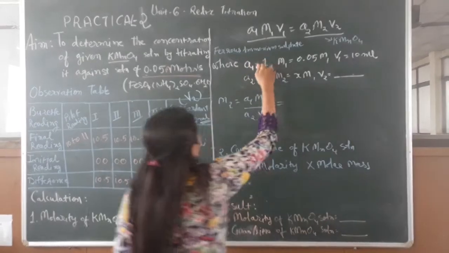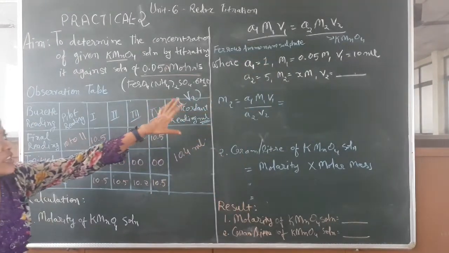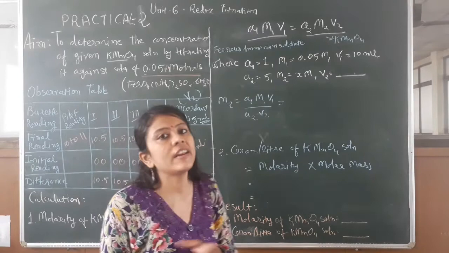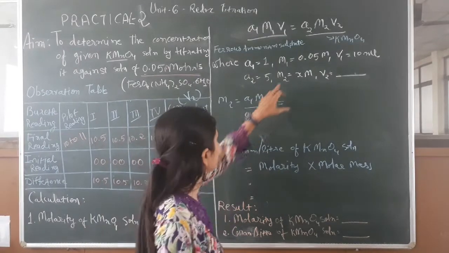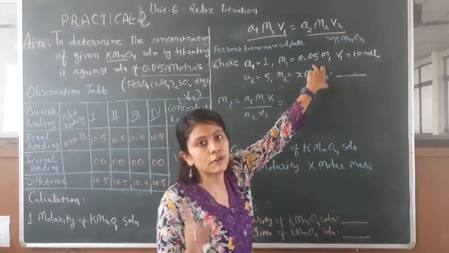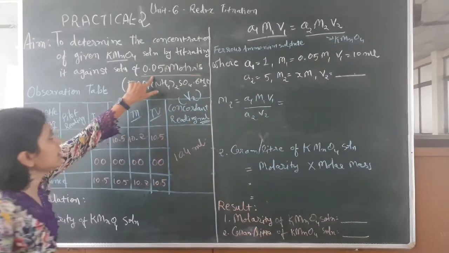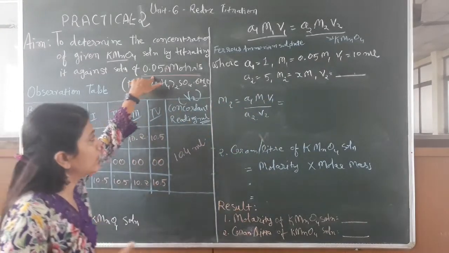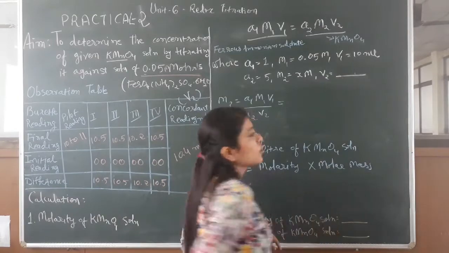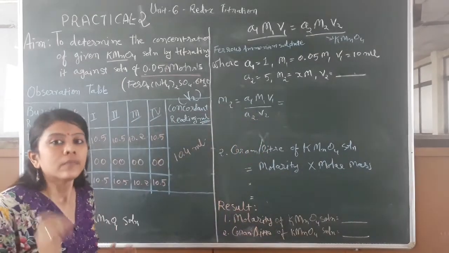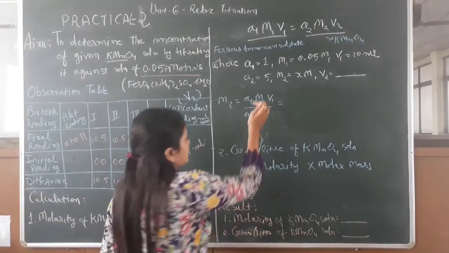Here A1 is equal to 1 because in ferrous ammonium sulfate Fe2+ is converted to Fe3+ by 1 electron. M1 is equal to 0.05 molar. Then V1 is 10 ml because we have taken 10 ml from the pipette.